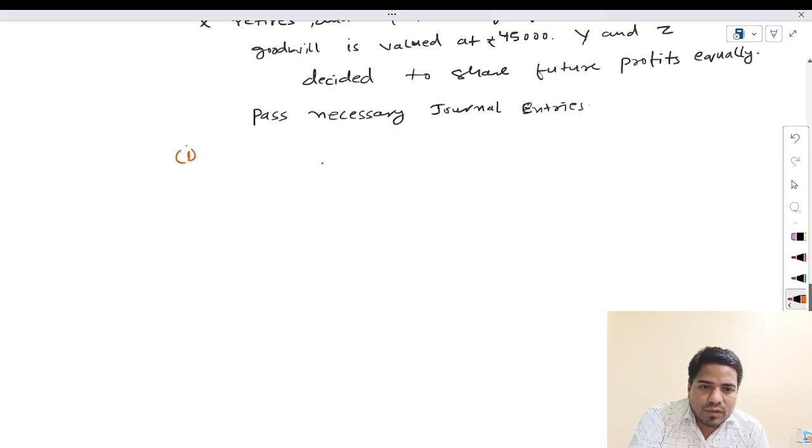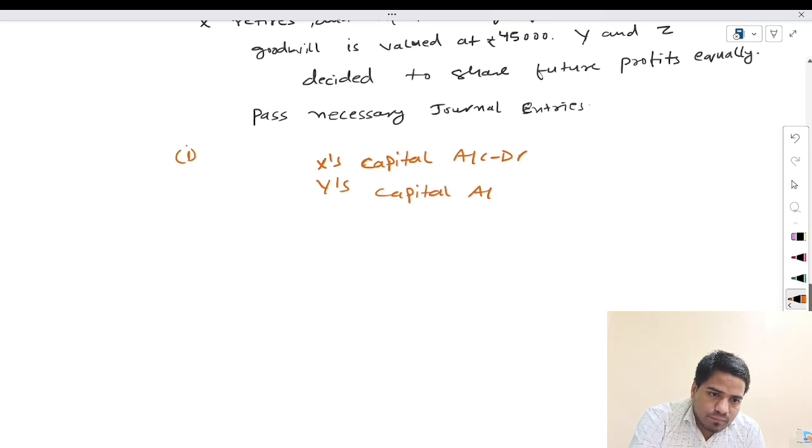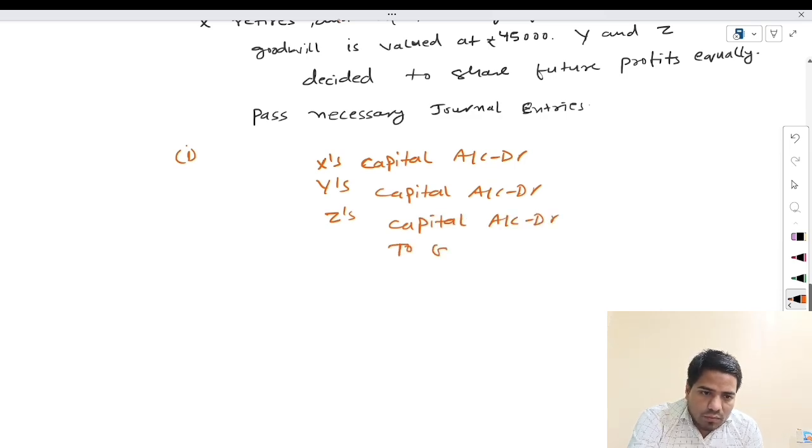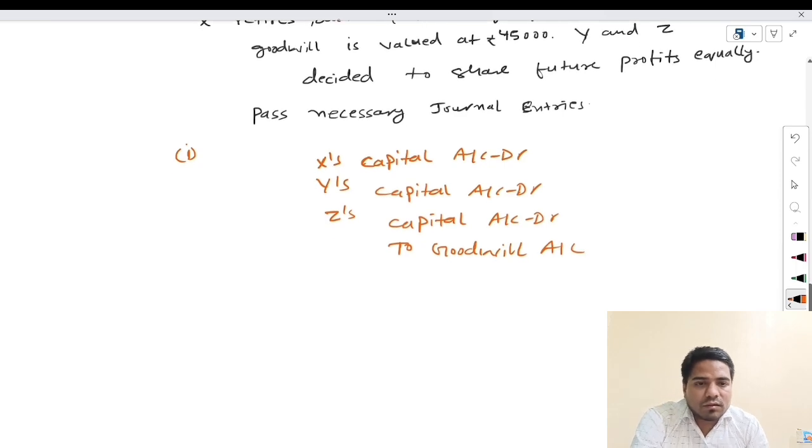We will write here: X's capital account debit, Y's capital account debit, Z's capital account debit, to goodwill account. The book goodwill was how much? 50,000. The value of book goodwill was given. We will write here 50,000.